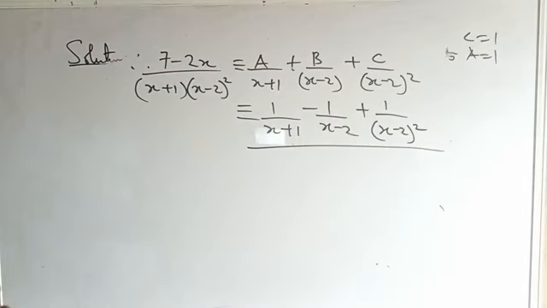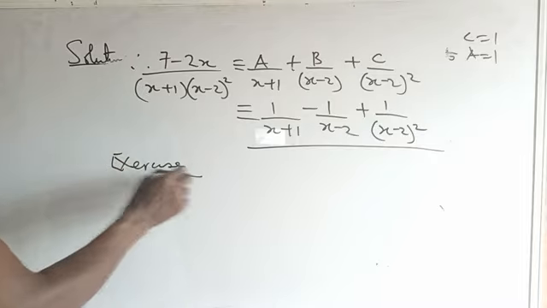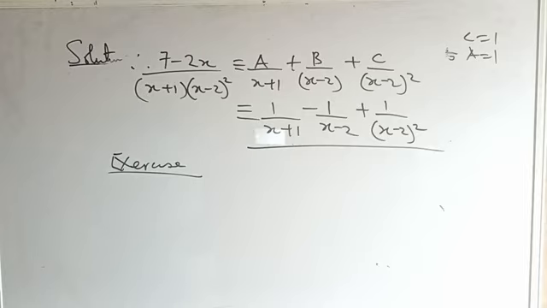So let me give us an exercise which I expect us to submit and send to the comment section. You are going to apply this rule 4 to solve it.